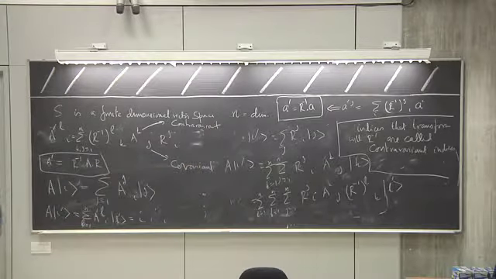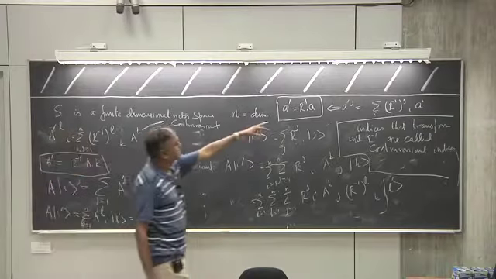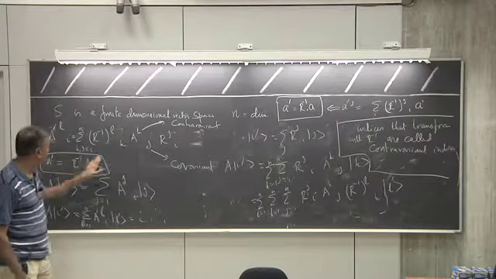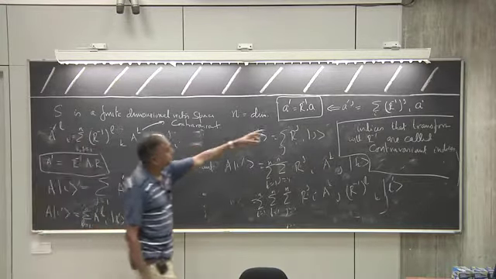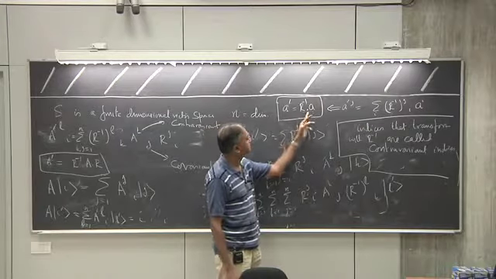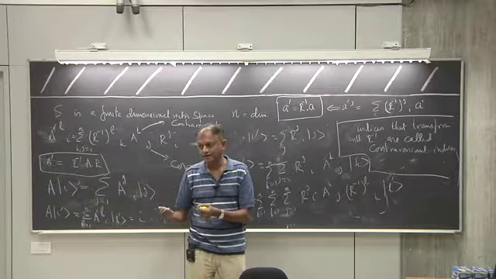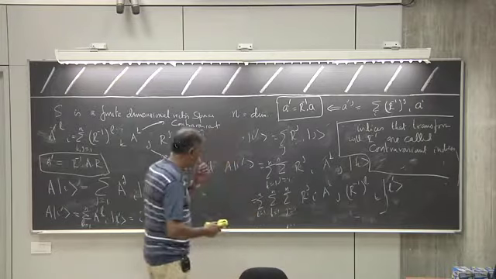What is the physical meaning of contravariant and covariant? Perhaps what I will do is try to write down. R was transforming the linear operator: one index with R inverse, the other index with R. Now, you may ask, is there something which I can associate not with the linear operator, but directly with the vector, something which transforms as a covariant index?